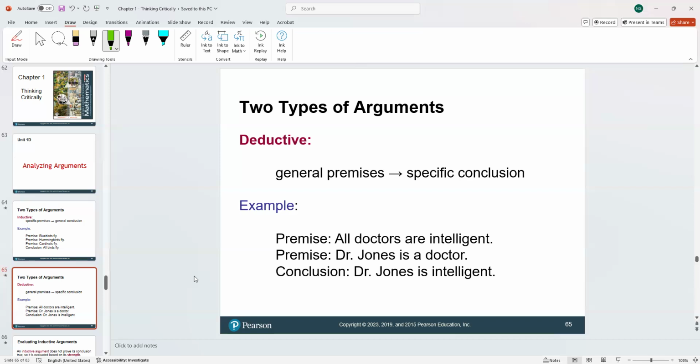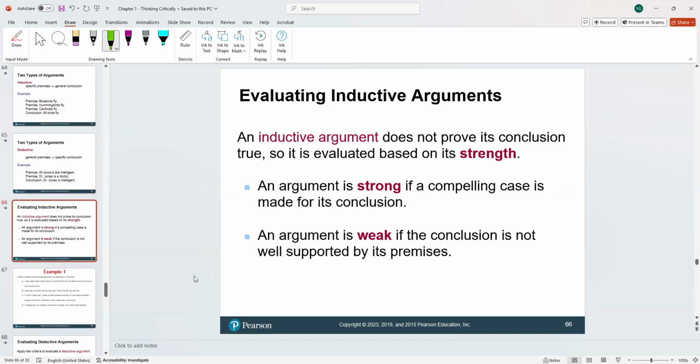But about evaluations, you can evaluate inductive or deductive reasoning. An inductive reasoning cannot prove its conclusions true, so we evaluate it only in terms of its strength. If it tells you something and you feel like, oh yeah, it's strong enough to make a conclusion, then you would accept it.